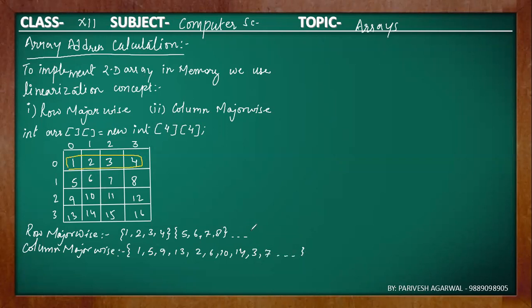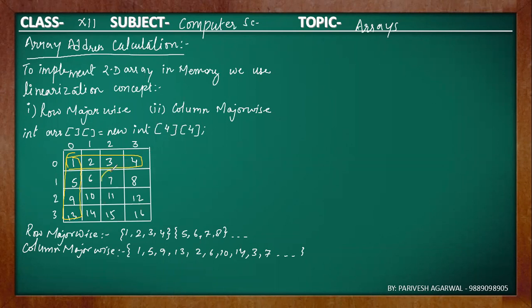Here, students, you can see that in column major wise, the first column will be taken in the linearization form, then it will move to the second column, third, fourth, and so on. In this way the values are stored, and the memory searches for the address or location in the 2D array.